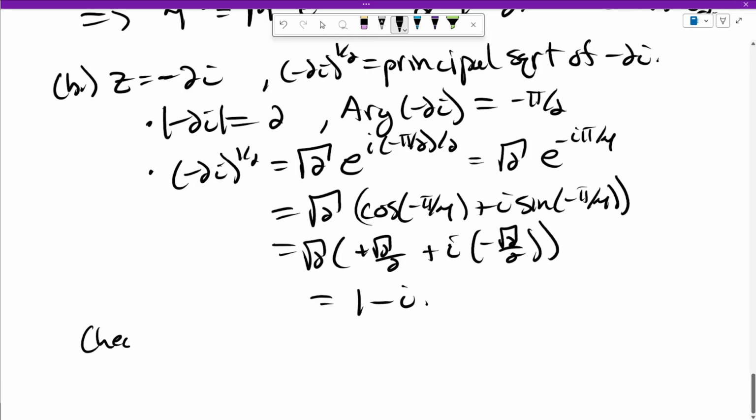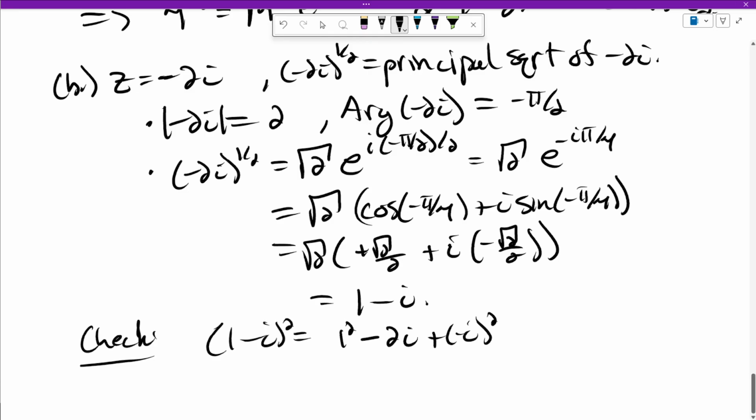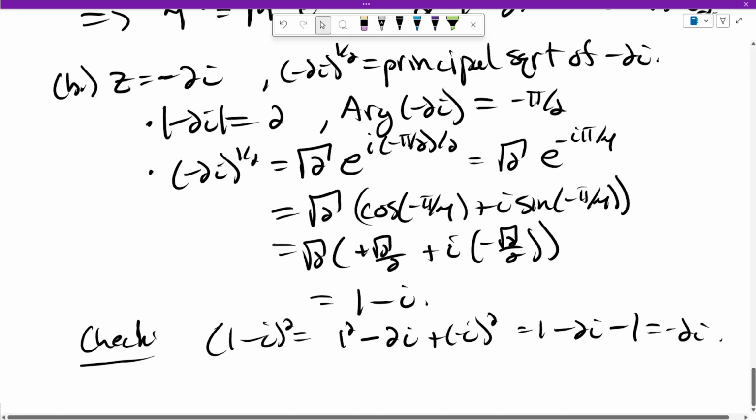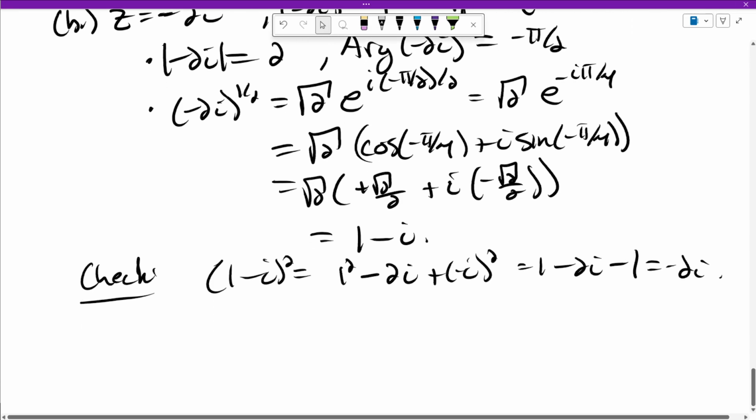Let's just do a quick check. 1 minus i squared is 1 squared minus 2i plus negative i squared. So that's 1 minus 2i minus 1. It's negative 2i as desired. Great. So we found a square root, and this is the principal square root.